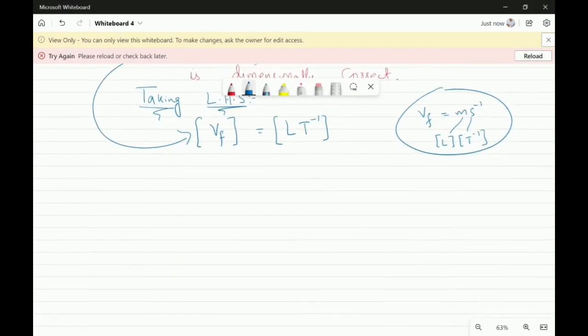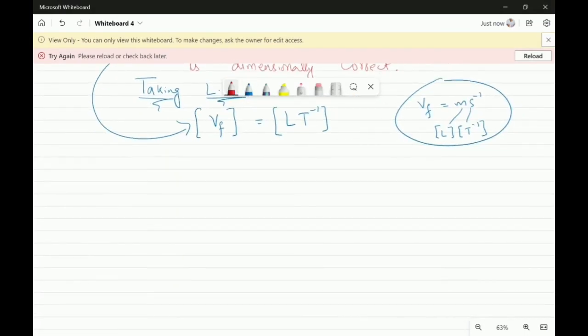So our left hand side has been completed now, only one quantity. Now taking right hand side.